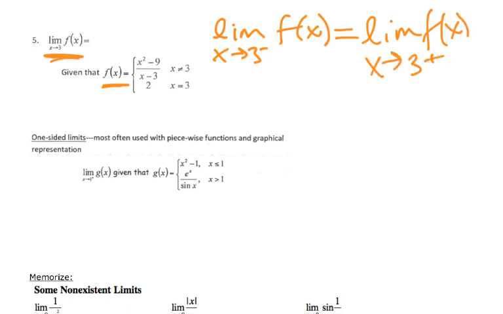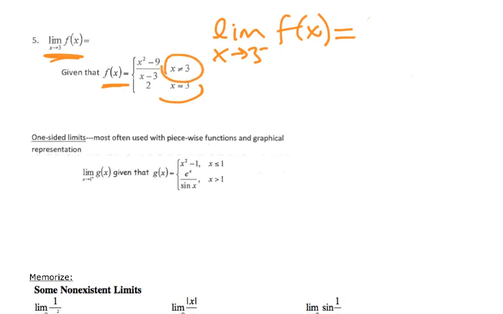So let's look at it from the left. The limit from the left, based on this function, when x is not equal to 3, is this expression, x squared minus 9 over x minus 3.